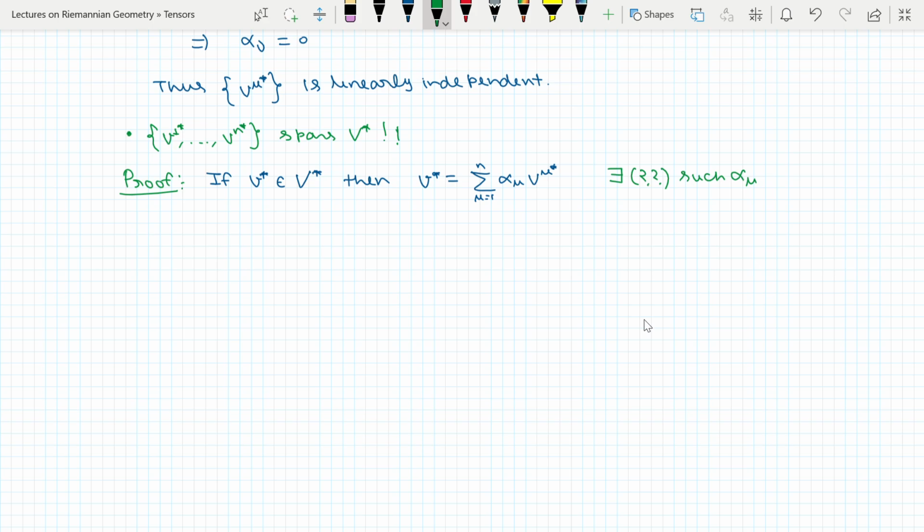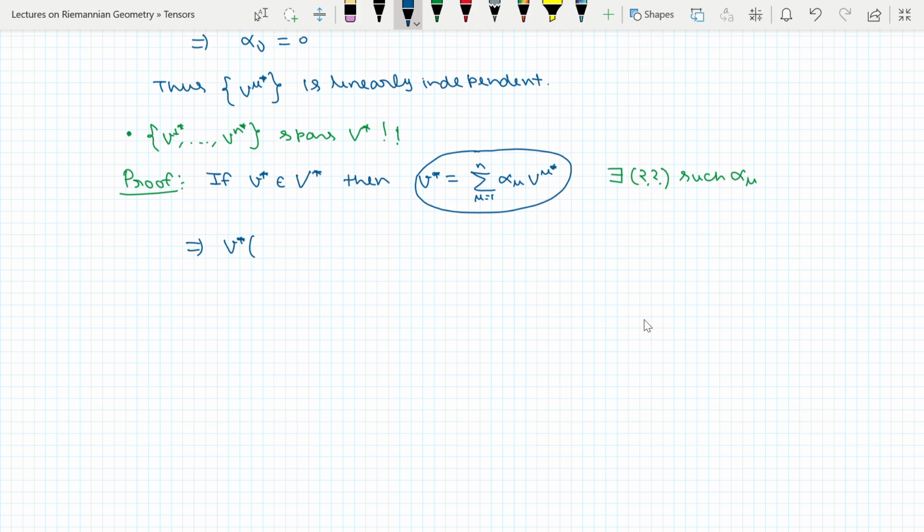Okay, so suppose it is possible, and let's find those scalars. If it is indeed possible, then I will be able to write it like this. And again, this is a functional. Here, this is an entire linear combination. We can operate it on the basis vector.